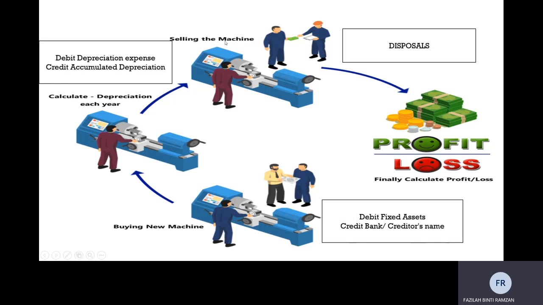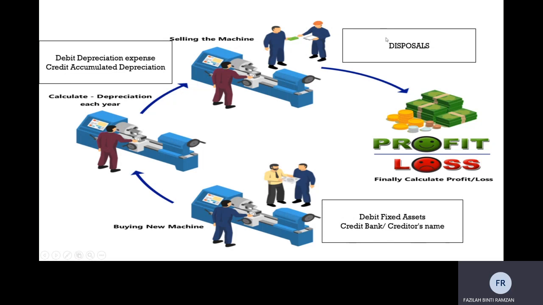Then let's say you use up the machine for 5 years, 10 years, so maybe the machine is not so productive, or maybe you want to buy a new machine, so you're going to sell off the machine to another person. This is called disposal.